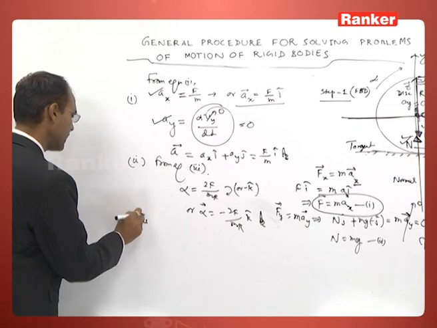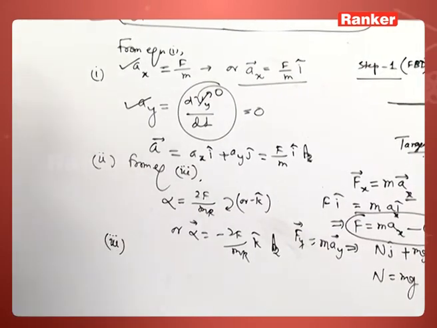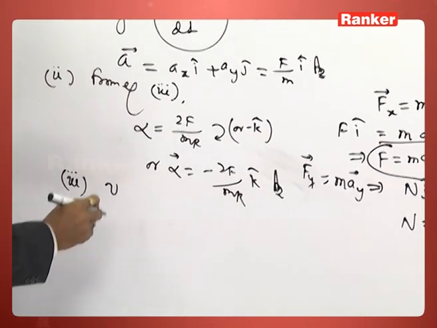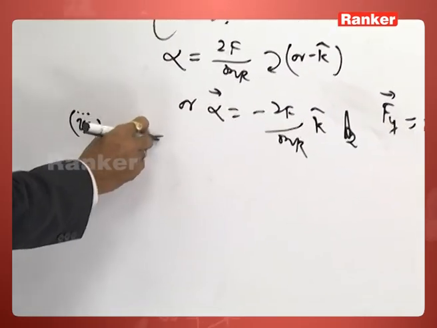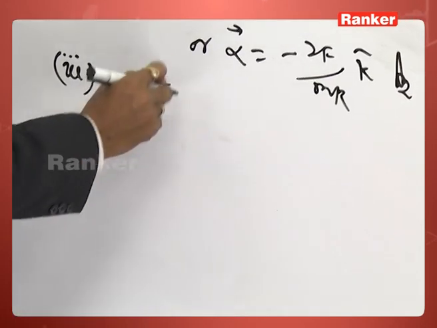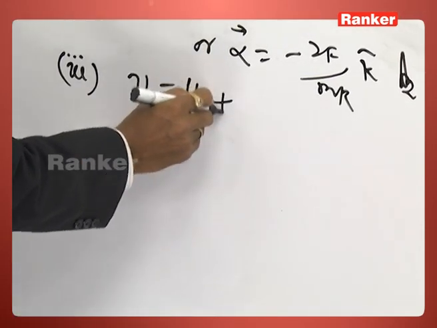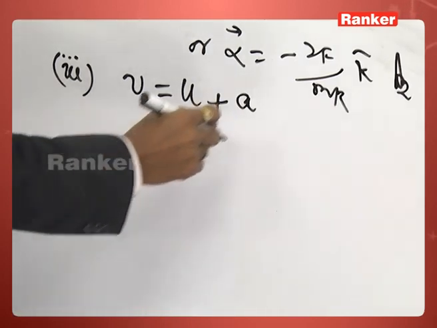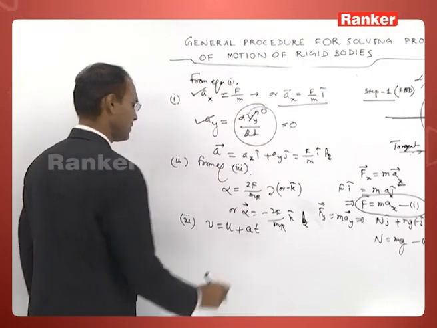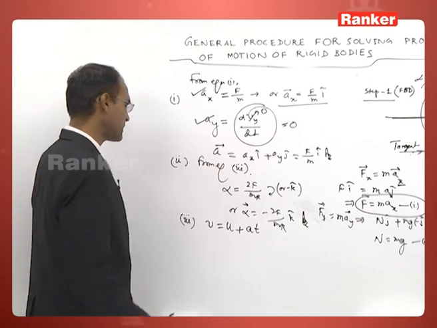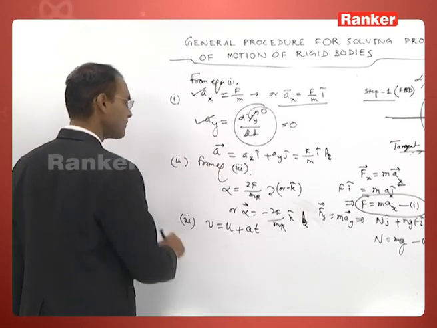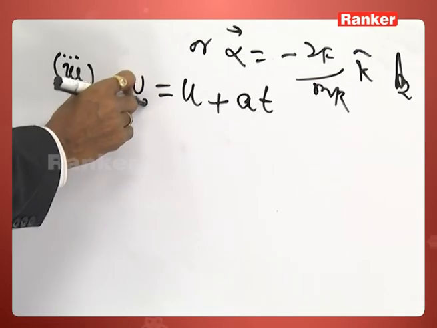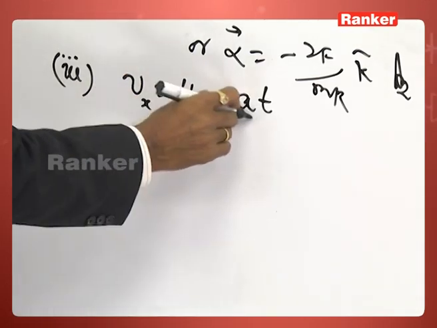Then I ask you to calculate the velocity as a function of time. Velocity of the center of mass is equal to the initial velocity of the center of mass plus the acceleration of the center of mass into t. This is kinematics of translation. Along x direction it moves, along y direction nothing will move. So we can just write like this.